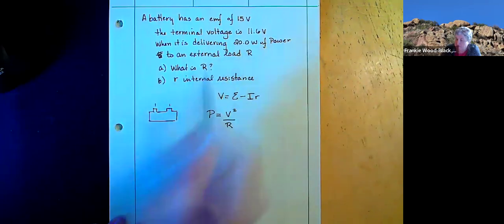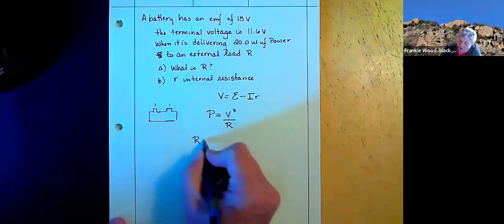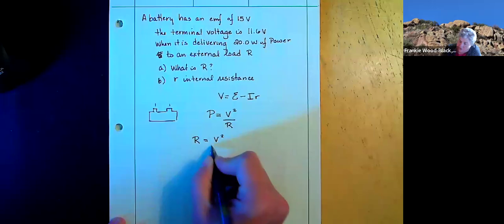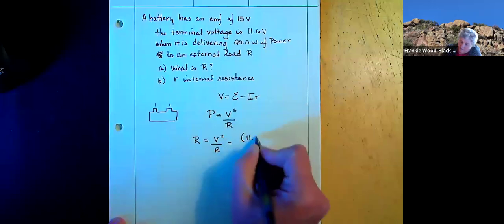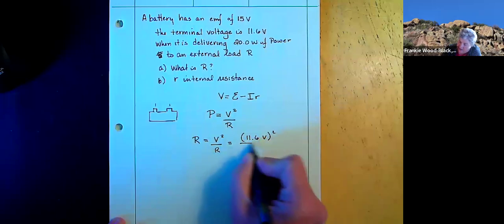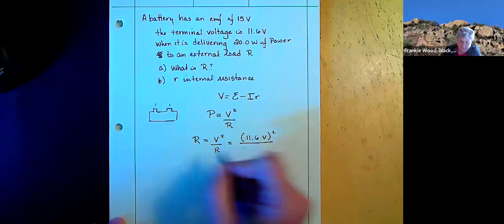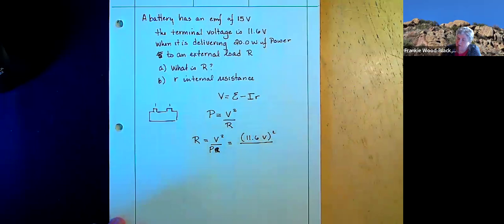So how we're going to find this initial R is we're going to use our power equation, and we're going to use this terminal voltage. So we're going to solve for R, and that's going to be my voltage squared divided by power. So that gives me 11.6 volts, we're going to square that, and we're going to divide by power.